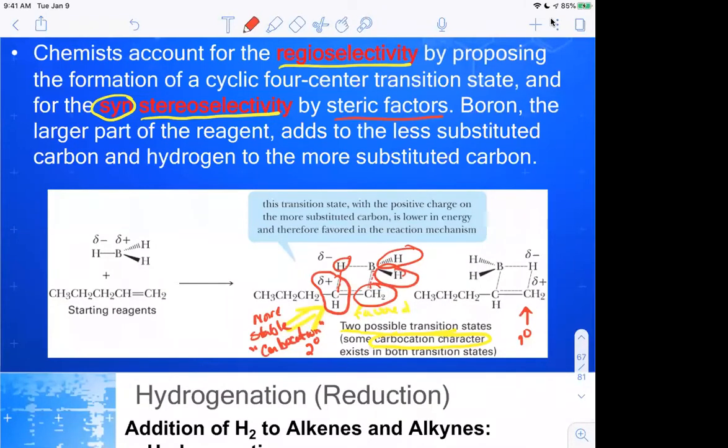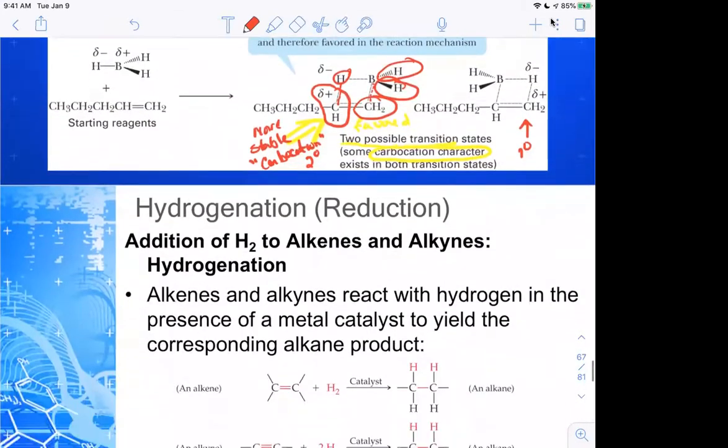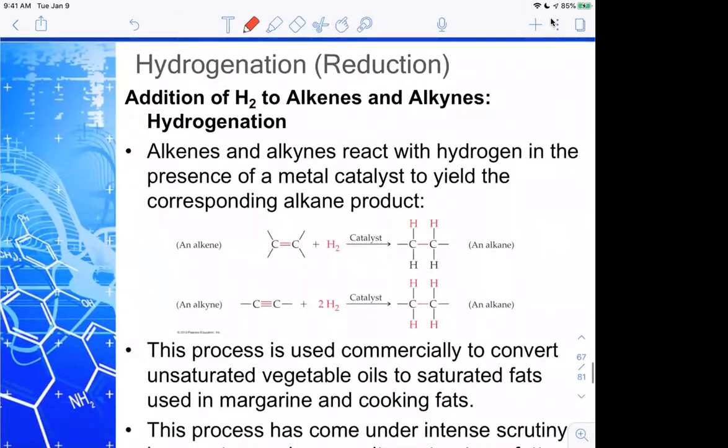They want to be surrounded by fewer carbon atoms, which is actually why you would get the boron adding to the least substituted carbon. All right, let's talk about hydrogenation.